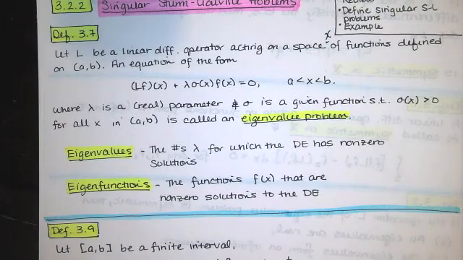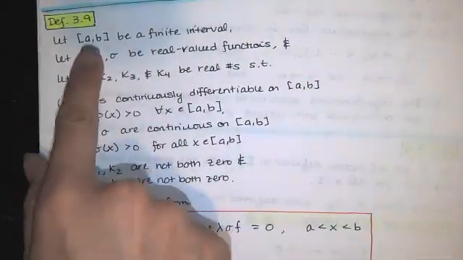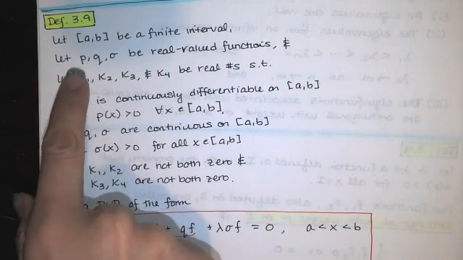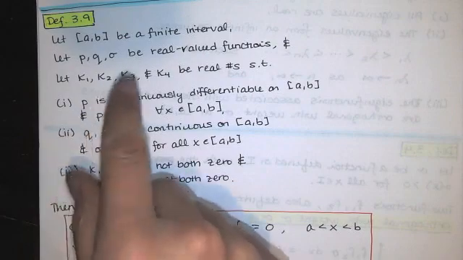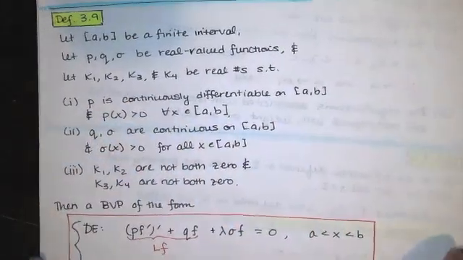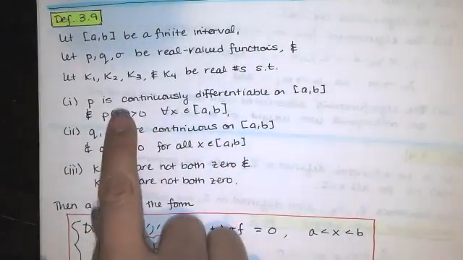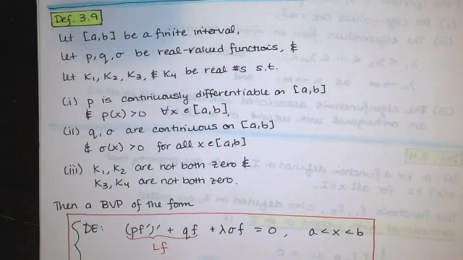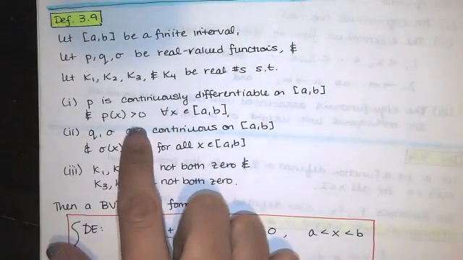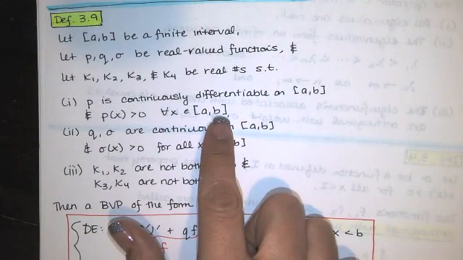Now, a regular Sturm-Liouville problem is defined in the following way. We have a finite interval [a, b], the functions p, q, and sigma are all real-valued functions, and kappa 1, kappa 2, kappa 3, and kappa 4 are real numbers. The function p is continuously differentiable on the interval from a to b, so you can take its derivative and the derivative is continuous, and the function is positive for all x in the closed interval from a to b.